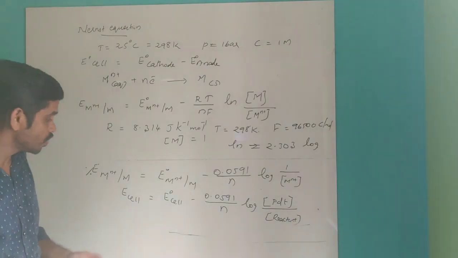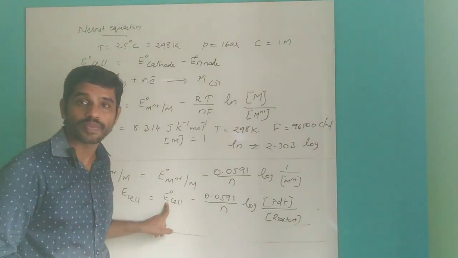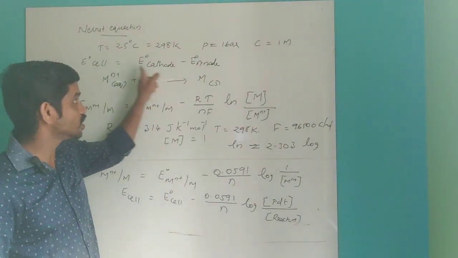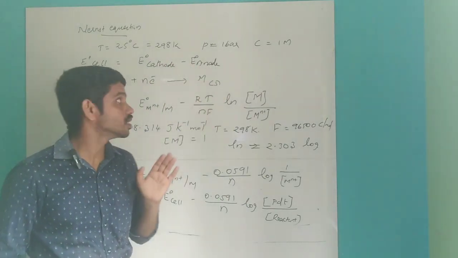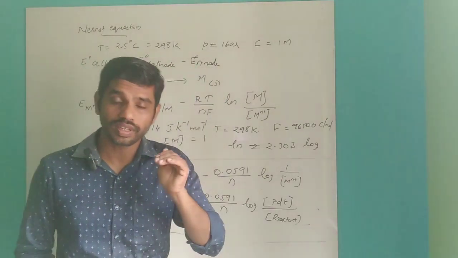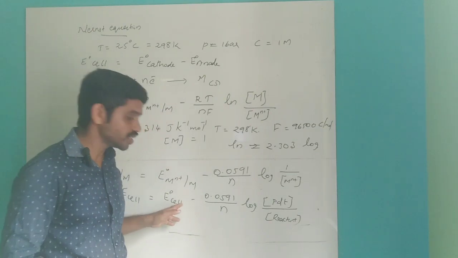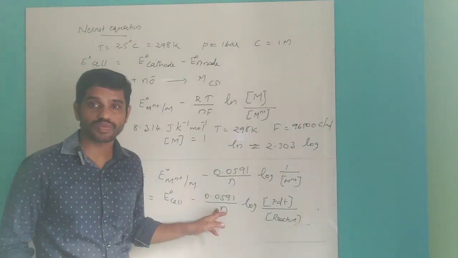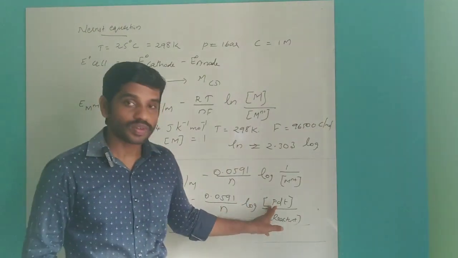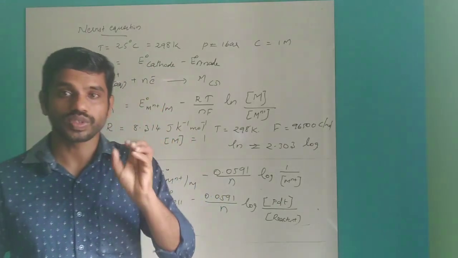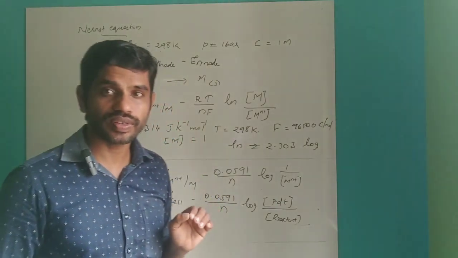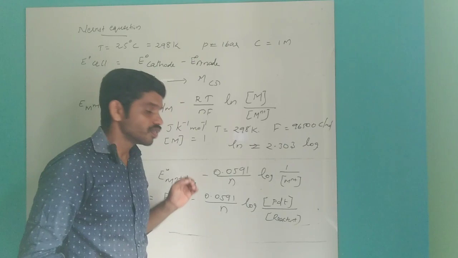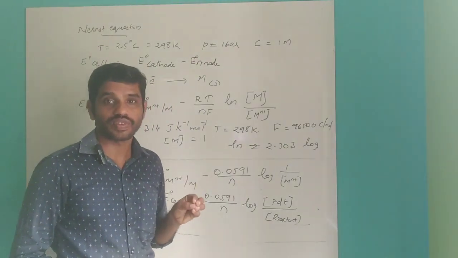So same thing only. How do you find E0 cell? E0 cell is equal to E0 of cathode minus E0 of anode. Usually in the question itself E0 cell is given, n you have to find out from the reaction, and the concentration will be given in the question.